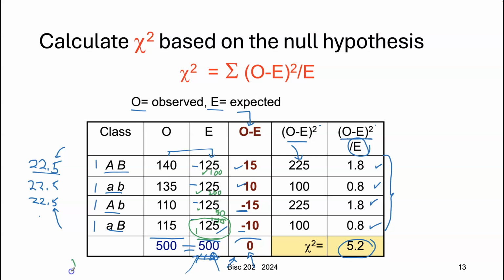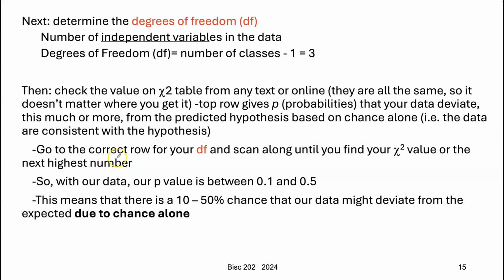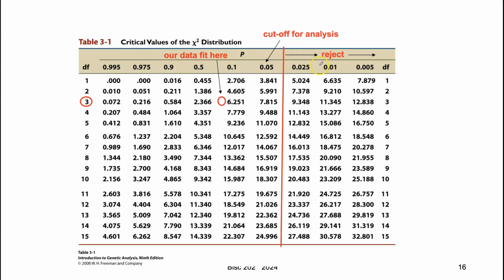And so the degrees of freedom are going to be the categories. There are 4 different categories minus 1. That means you can vary 3 of these categories, but not the final one. Okay, and that's important for the calculations. And then you look at the table. This is a chi-square table.